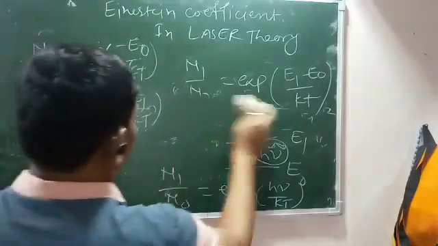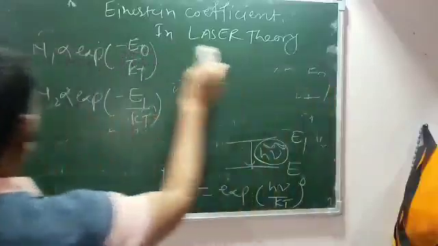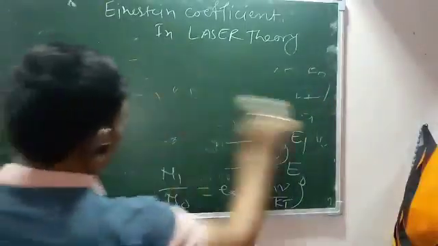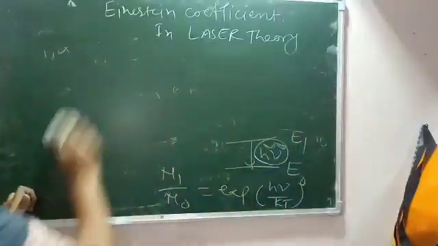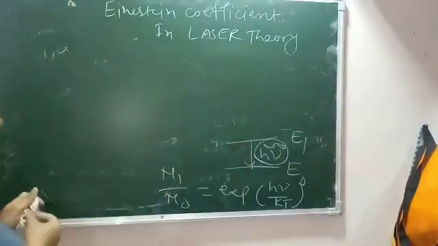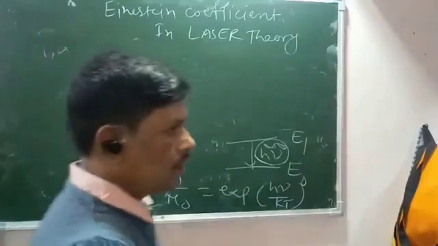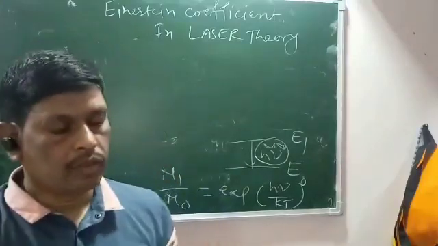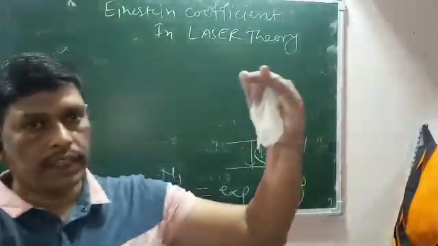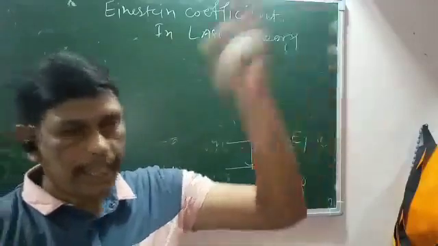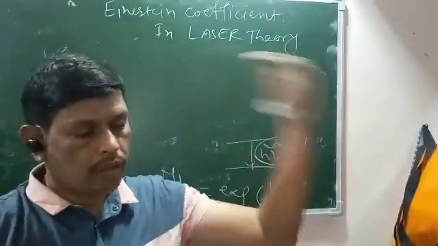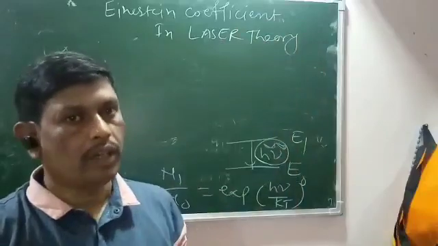So here we can write the rates of spontaneous emission, stimulated emission and absorption, because these are probabilistic processes, and at a time when one particle undergoes an upward transition, at that time a downward transition can also occur.